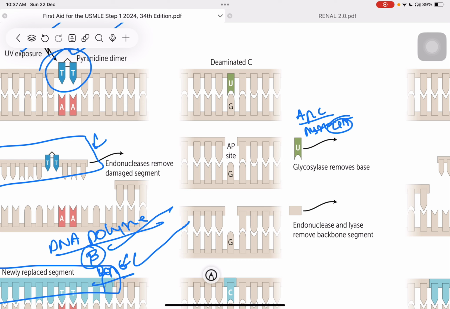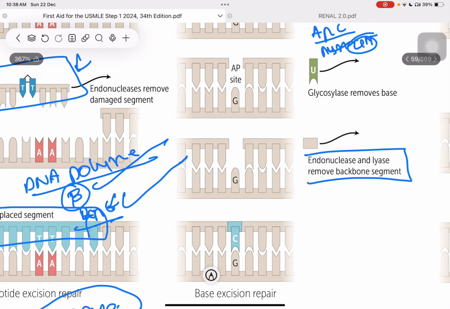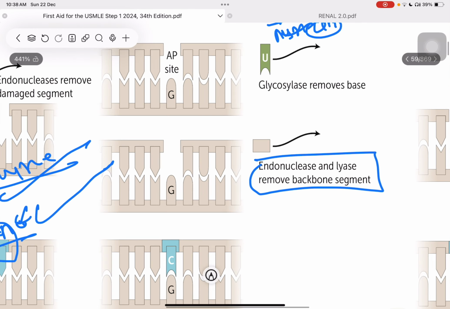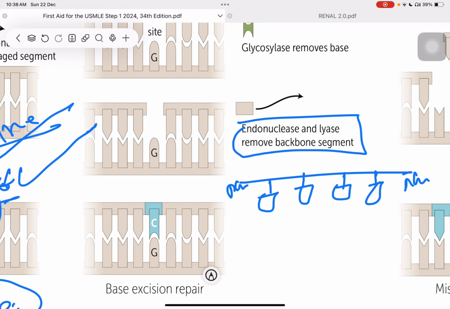Once you have an apurinic or apyrimidinic site, the apurinic or apyrimidinic endonuclease acts over here. See, the endonuclease lies and removes the backbone segment. What is the backbone segment? We already discussed: these are phosphodiester bonds, and these are your nitrogen bases attached over here.